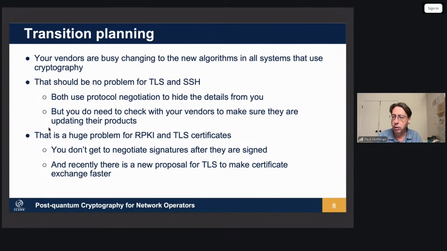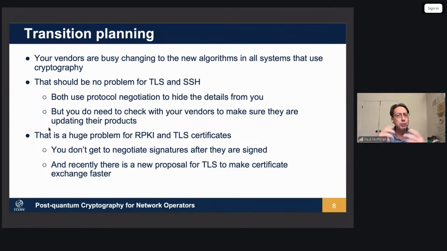I know you've been hearing at both this meeting and at previous meetings a lot about RPKI. This is going to be a big problem for RPKI. It makes the certificates much larger. It makes the certificates use a different algorithm, which means different people are going to sign in different ways and such like that. And so like right now, you don't get to negotiate, I want you to use this certificate.